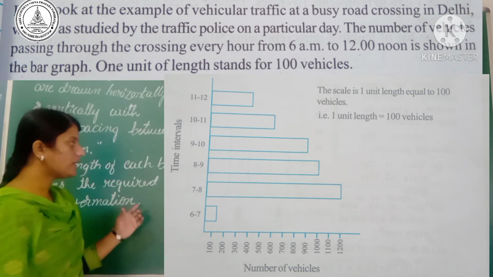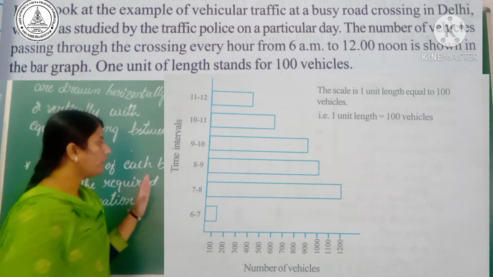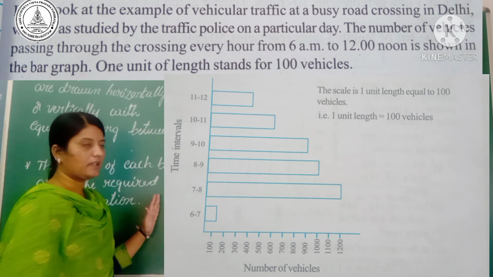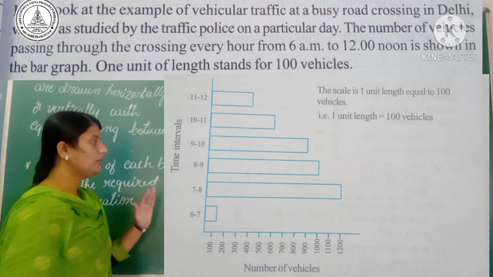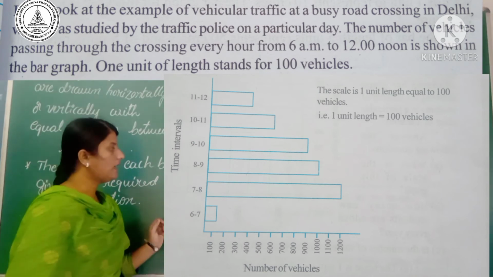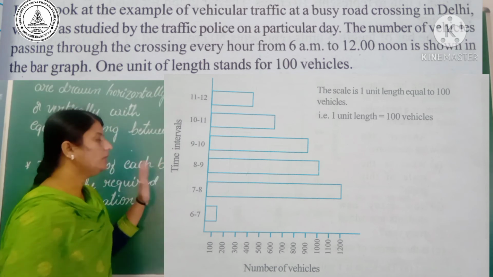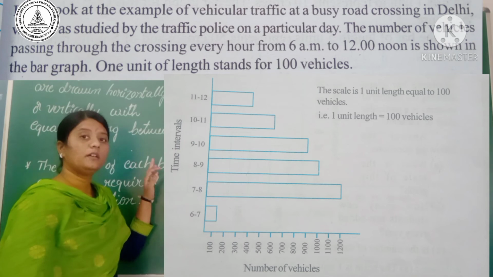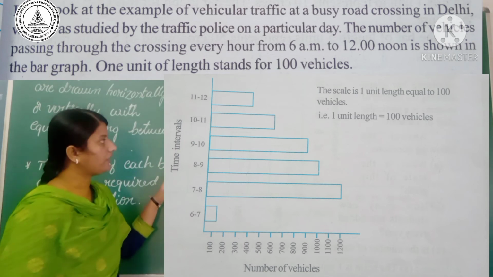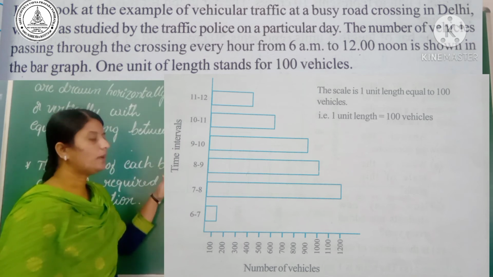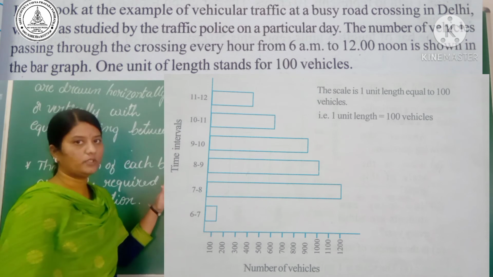Okay. We can see that from morning 6 to 7 o'clock there are 100 vehicles, right? And in the time interval of 7 to 8 o'clock we can see the maximum traffic, 1200 vehicles on the road.